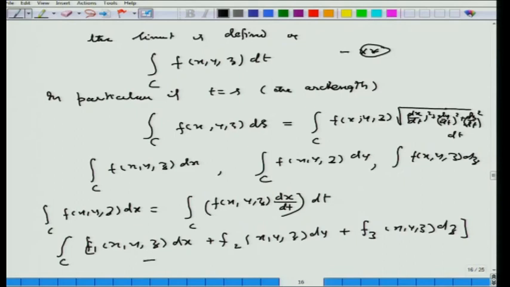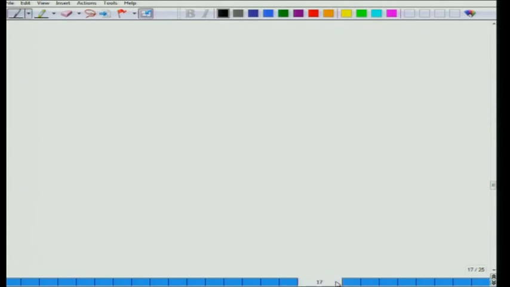The vector form of this is the following. You have the integral of F(r) dot dr, where the vector F is f1(x, y, z) i plus f2(x, y, z) j plus f3(x, y, z) k.